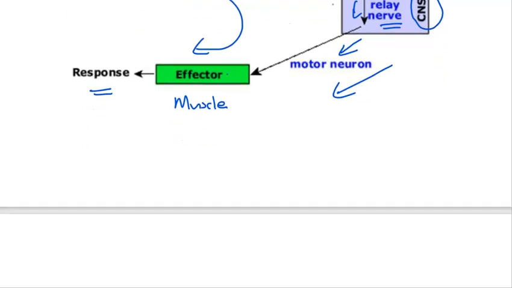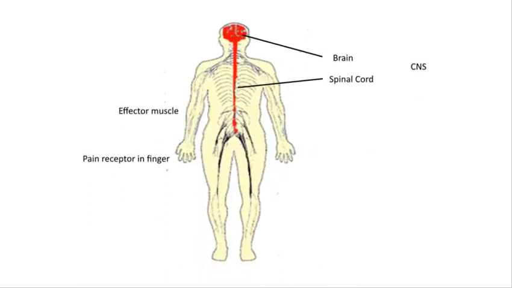If we then try to locate this within physiological structures, of course, the idea of touching a structure with our hand, which is painful, a sharp object, for instance, the pain receptor would be in the finger. The sensory nerve would be traveling up the arm and into the spinal cord, where, of course, we would locate the relay nerve.